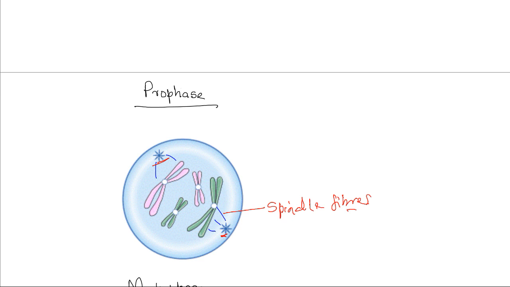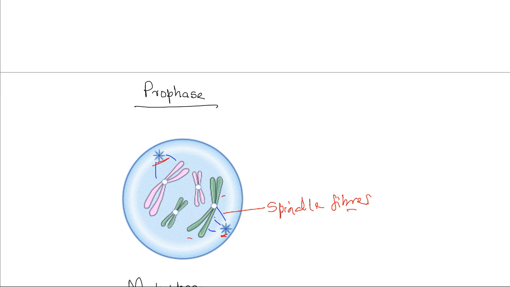The other event that takes place is that the chromosomes shorten and become thicker and visible. That is, they become very distinct. And at this stage, each chromosome is seen to consist of a pair of chromatids joined at the centromere.